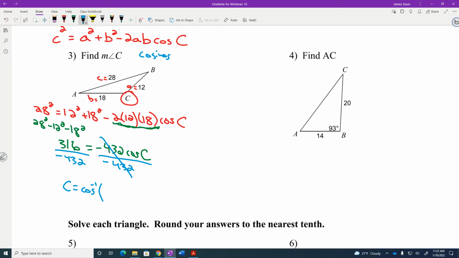You could even type that in if you want to. That's good. So let's just do your A and S. 137 degrees. Take a minute to type it in if you need to.